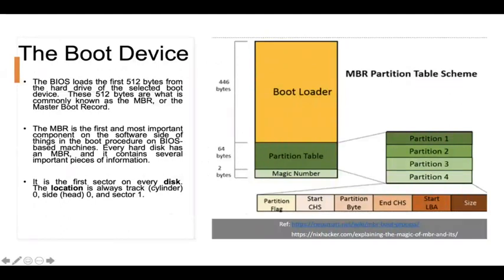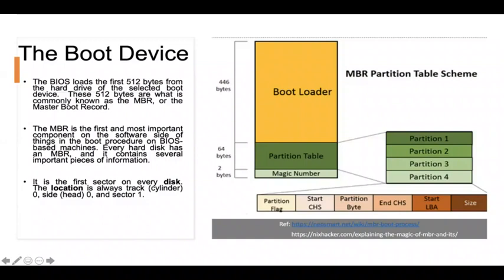So the boot device. The BIOS detects the master boot record or UEFI on every disk. Let's start with MBR. The BIOS loads the first 512 bytes from the hard drive of the selected boot device. These 512 bytes are what is commonly known as the MBR, or master boot record.